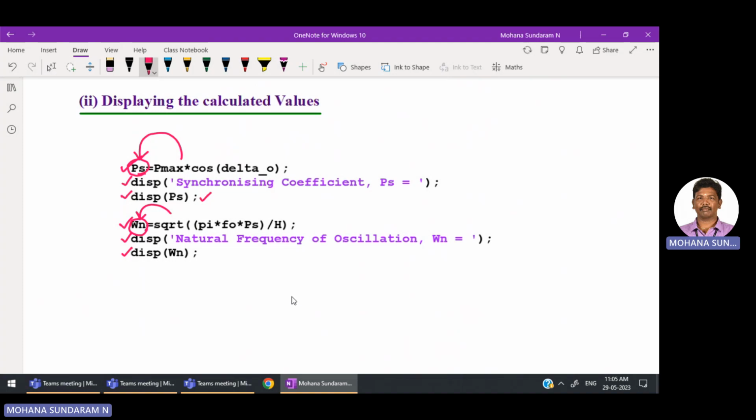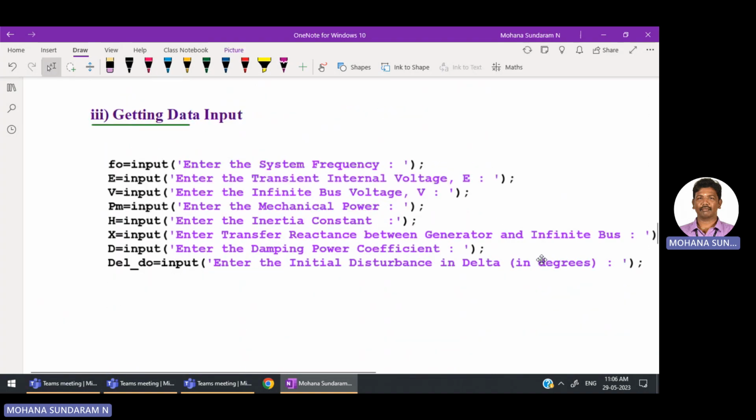Now we have learned that disp is used to print or display the output. Now we want to get some values from the user. For that we have another command called input. When you write input of, in single quotes, whatever you give is an interactive feature.